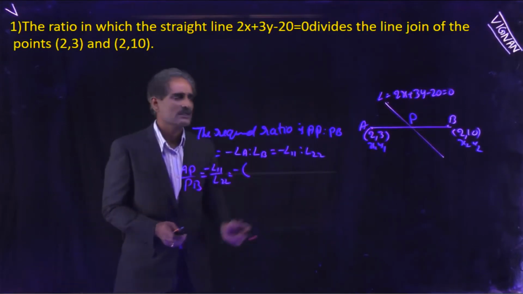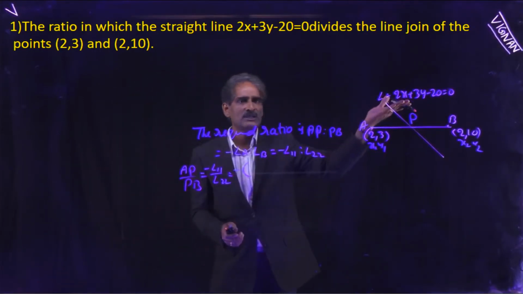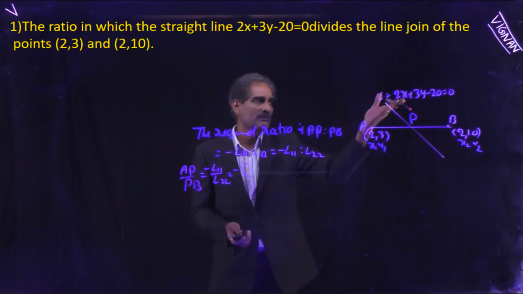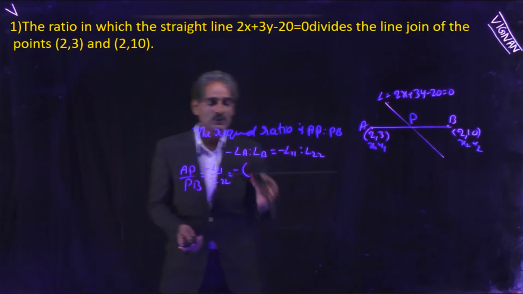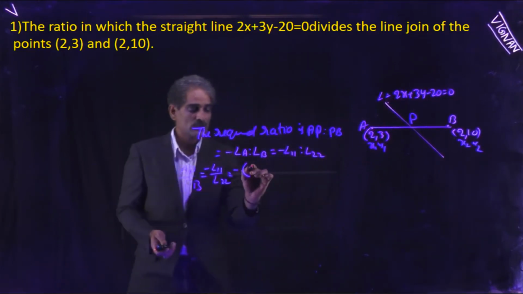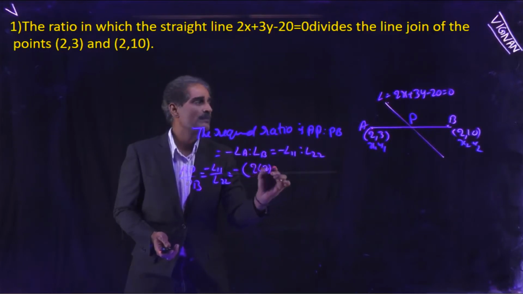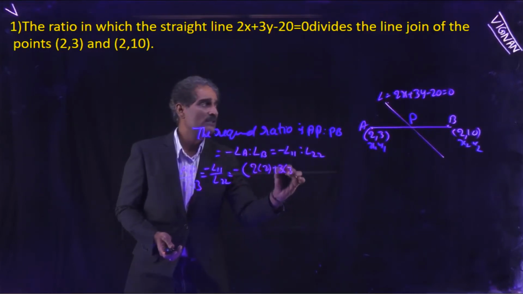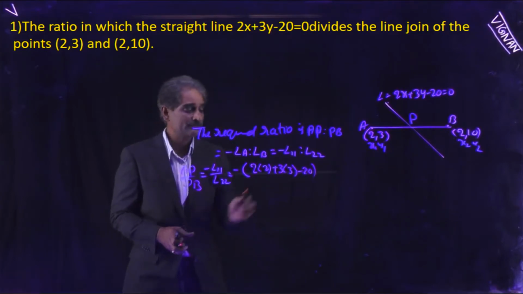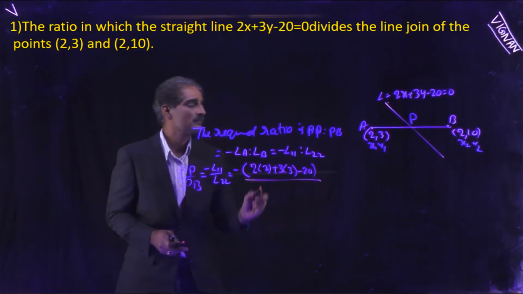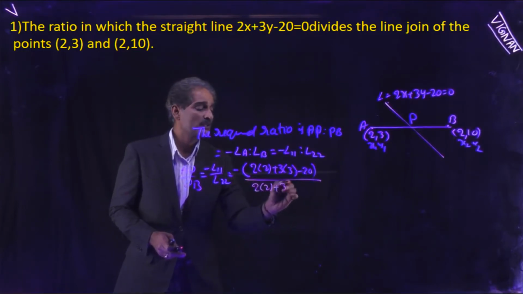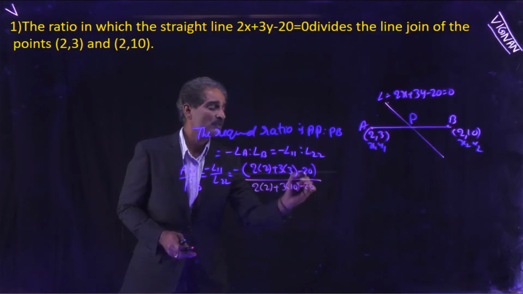Just substitute the first point in the line equation, that is nothing but L11. The value of this at the second point is L22. Minus L11 means substitute 2 and 3 in this equation: minus of (2 into 2 plus 3 into 3 minus 20) whole divided by (2 into 2 plus 3 into 10 minus 20).